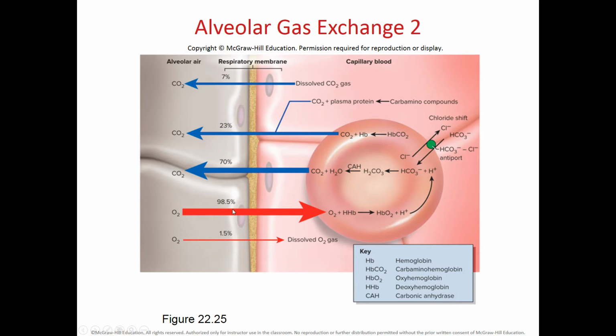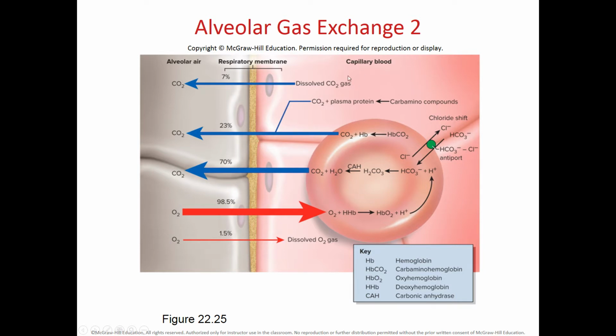And then here you have the capillaries of the tissues of the lungs, and here we have plasma, of course, surrounding this erythrocyte. The capillary blood will have dissolved CO2, and this dissolved CO2 will diffuse into the alveoli because you will have more CO2 here than here.